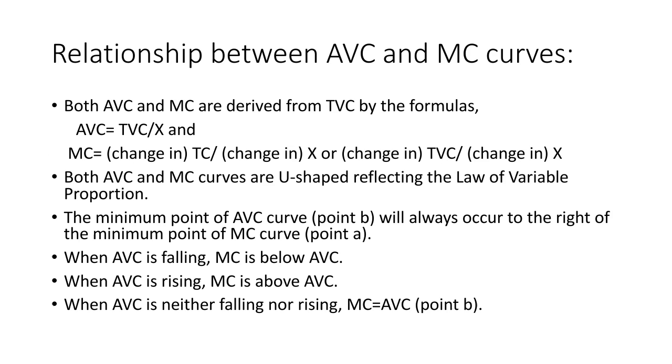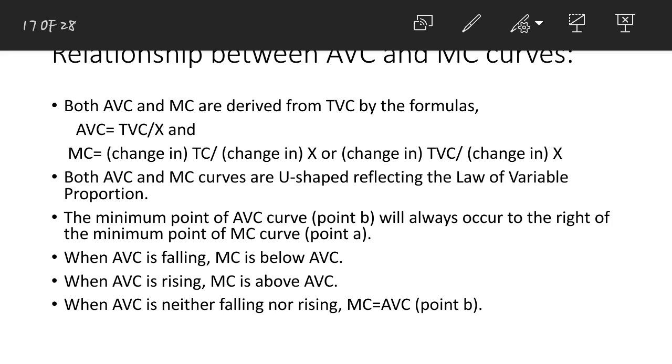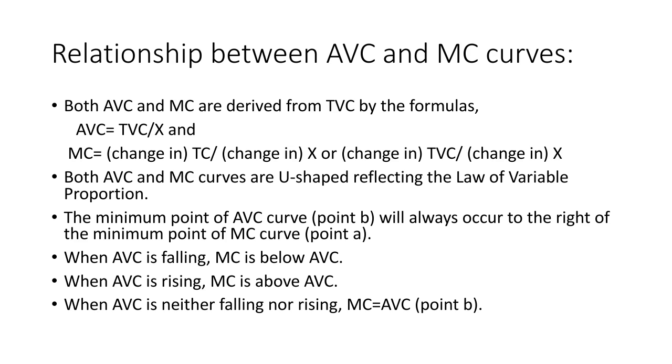Next we will see the relationship between average variable cost and marginal cost curves. Both these curves, AVC and MC, are derived from TVC by the formulas AVC = TVC by X and MC = change in TVC divided by change in X, that is delta TVC by delta X. Both AVC and MC curves are U-shaped, reflecting the law of variable proportion.